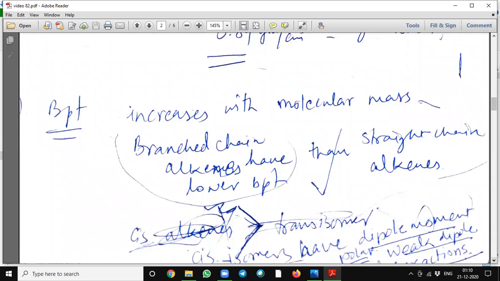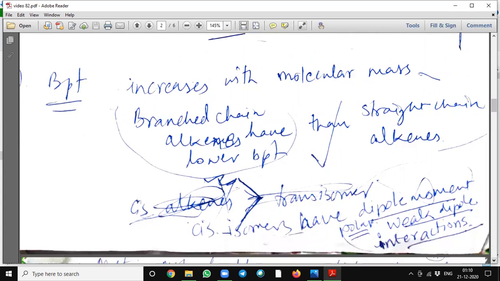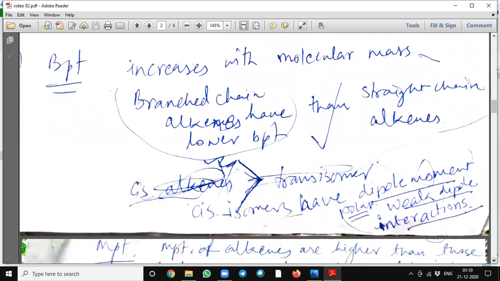Boiling point increases with molecular mass. Branched chain alkenes have a lower boiling point compared to straight chain alkenes because the surface area decreases, so van der Waals forces of attraction also decrease.